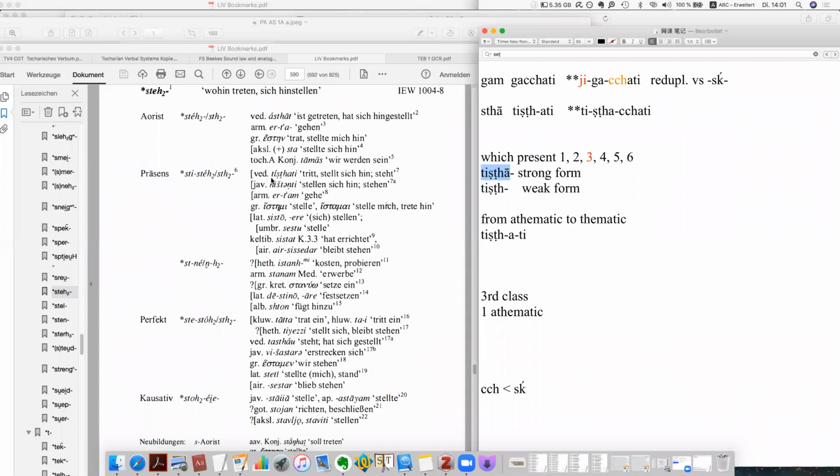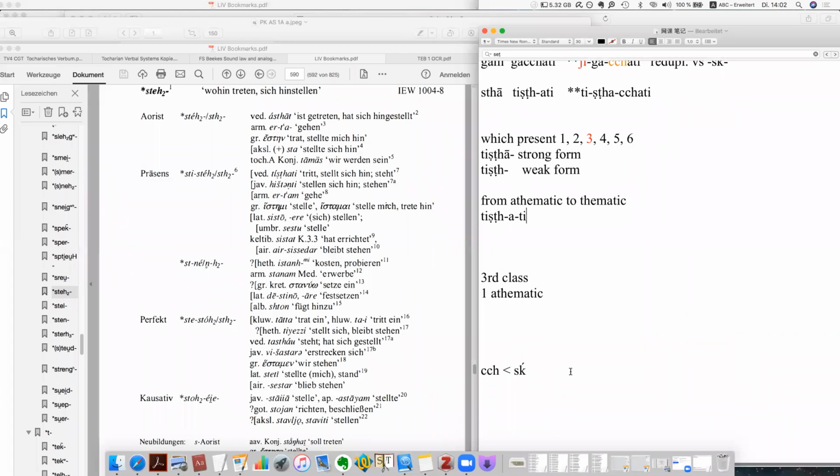Actually, Vedic Sanskrit takes the weak form and makes it into a thematic class. So that's why you have tishtati. This is the reason. Well, it's probably a little bit complicated. If you can't understand, it's okay.